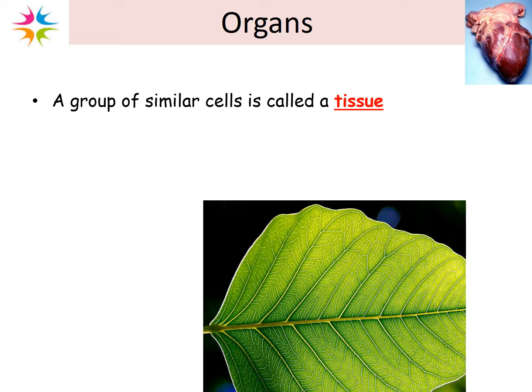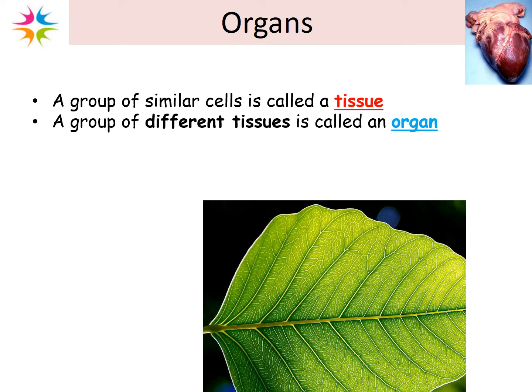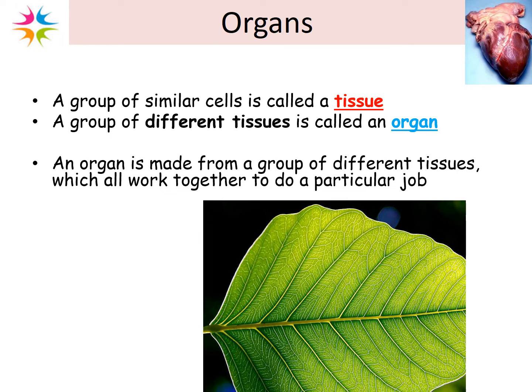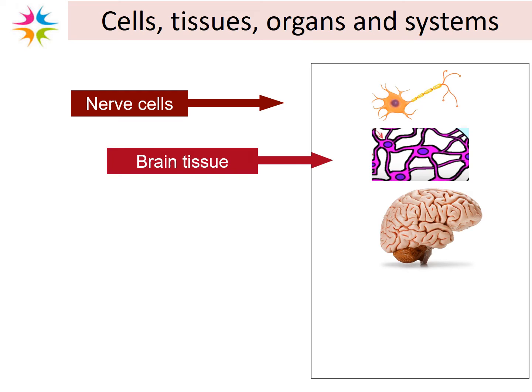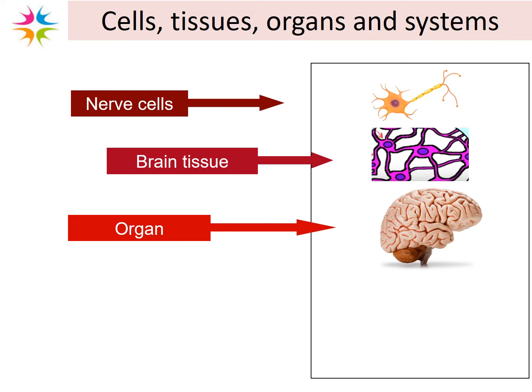Okay, now a group of similar cells is called a tissue. Just a quick recap. A group of different tissues is called an organ. An organ is made from a group of different tissues which are all working together to perform a particular job. So you've got nerve cells, you've got brain tissue, you've got the brain, which is the organ.